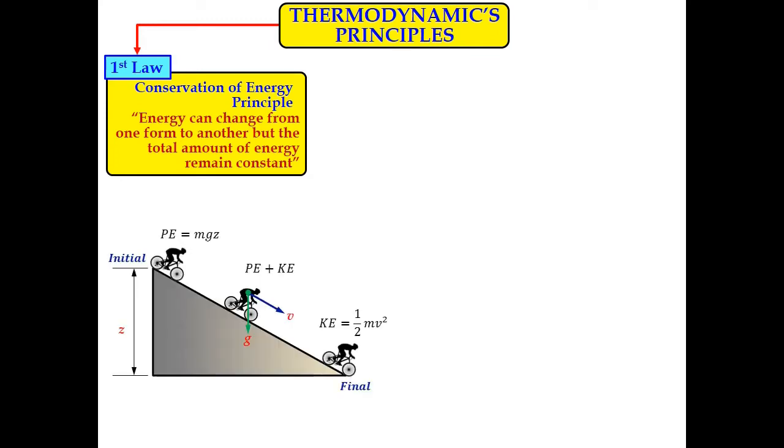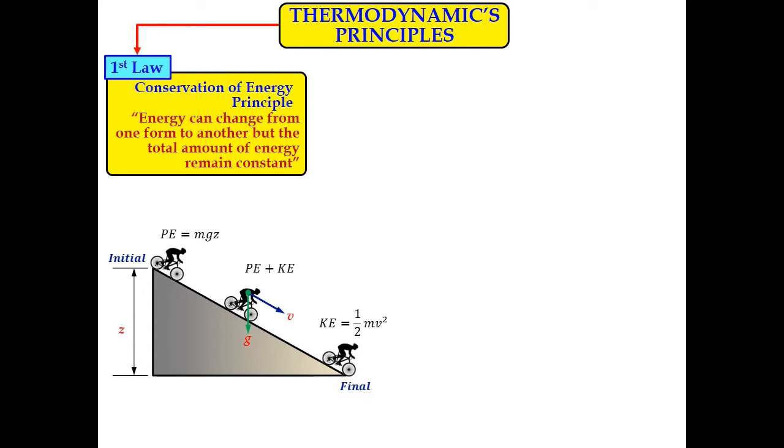Okay, for example, as we look at the figures, we have a cyclist cycling down a hill, where we have three positions of the cyclist. First, we have the condition of the cyclist at the top, at the middle, and at the bottom of the hill.